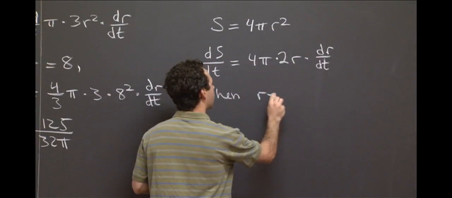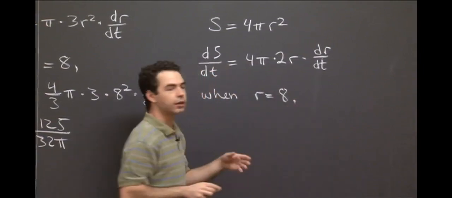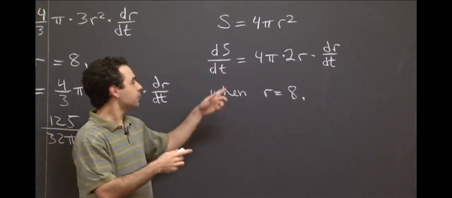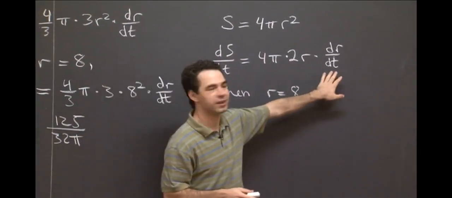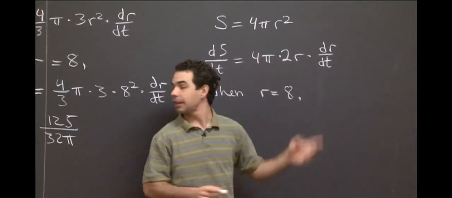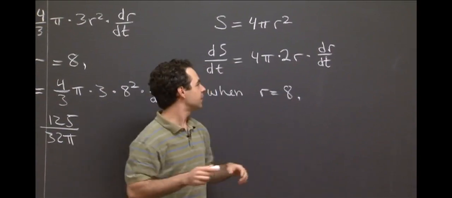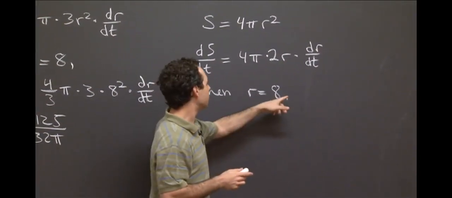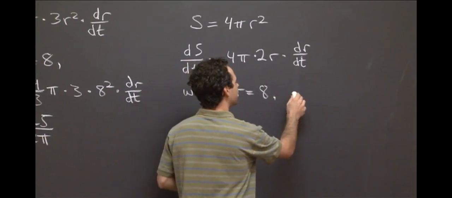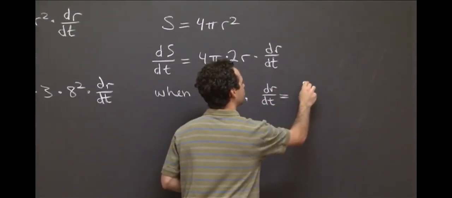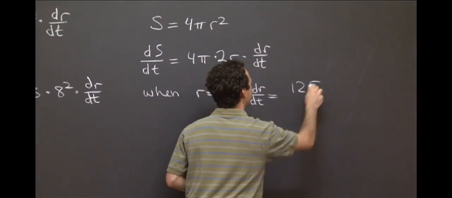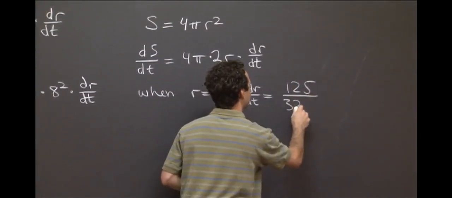When r equals 8, luckily, if we were just starting this problem from scratch, we'd have a problem, which is that we wouldn't know what dr/dt was. But luckily, we've already figured it out in the first part of the problem. So we know that when r is equal to 8, dr/dt is equal to 125 over 32 pi.